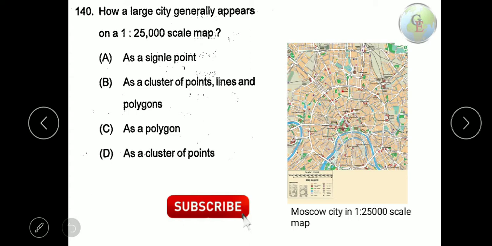As you can see, there is a map of Moscow city at 1 is to 2000 scale given here. You can see the buildings are given as points, the roads are given as lines, and the overall area is given by polygons. So here the answer will be a cluster of points, lines and polygons. The answer will be option B.